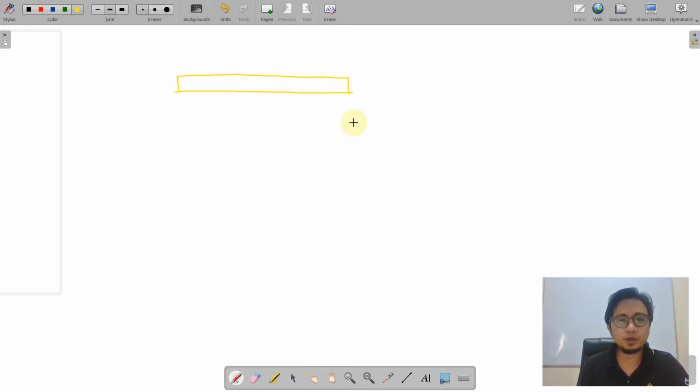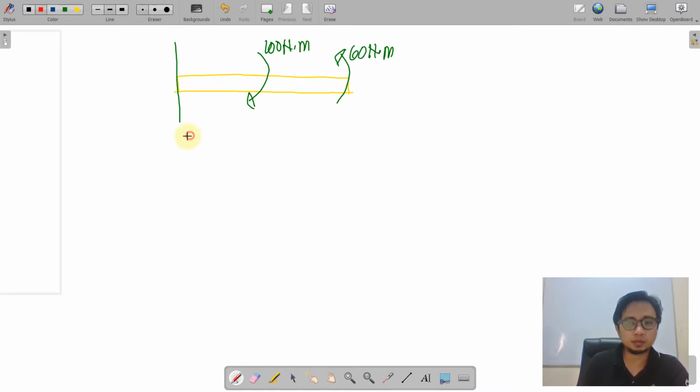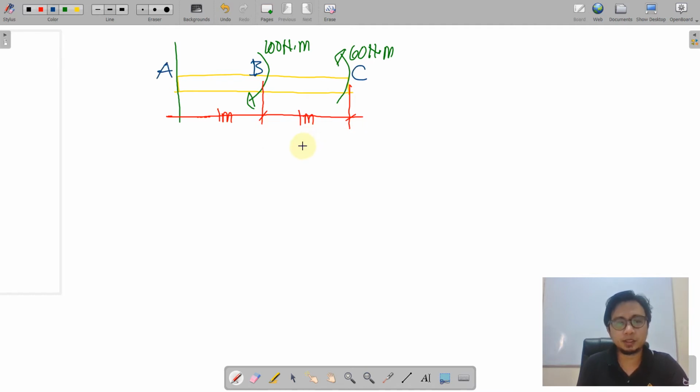If we have here a shaft restrained at one end and subjected to several torsions, say 160 Newton meter. Of course, we would like to know the distances. Say we have here distances of 1 meter for the meantime. Okay. We also need to label all the segments here, A, B, and C.